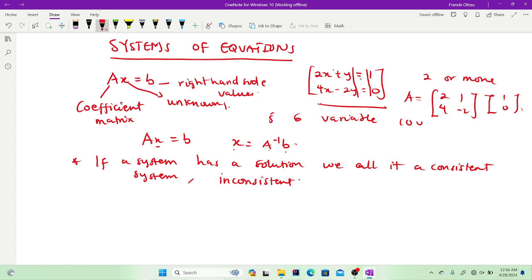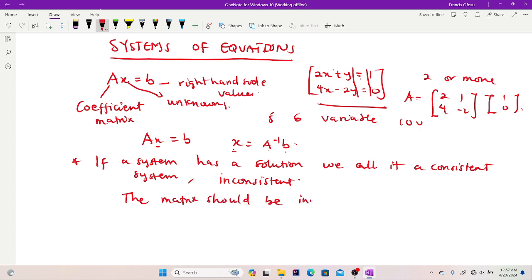Then, how do we determine that a system is consistent straight away? You can realize that to get a value of X, we only have to find the inverse of A. So the condition for a system to be consistent is that the matrix should be invertible.